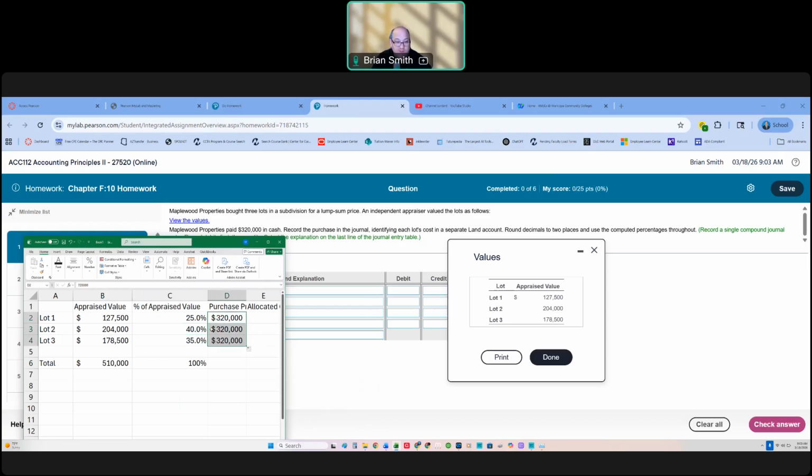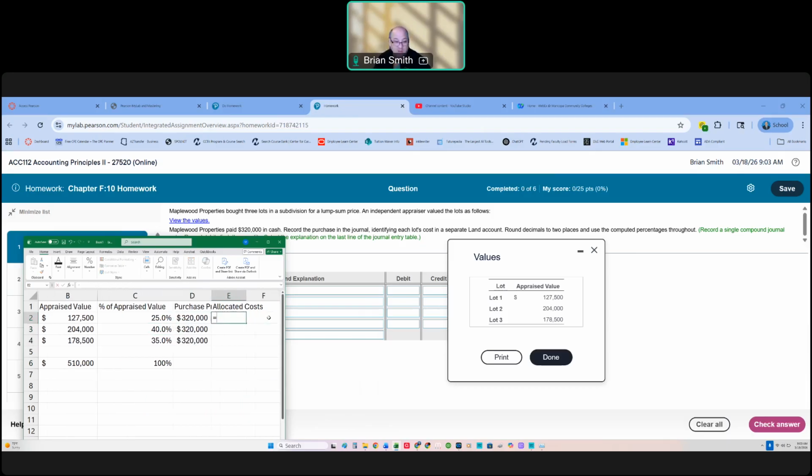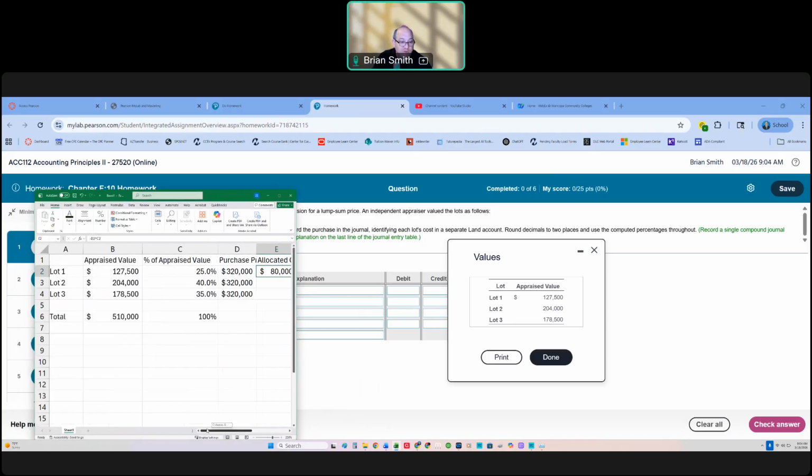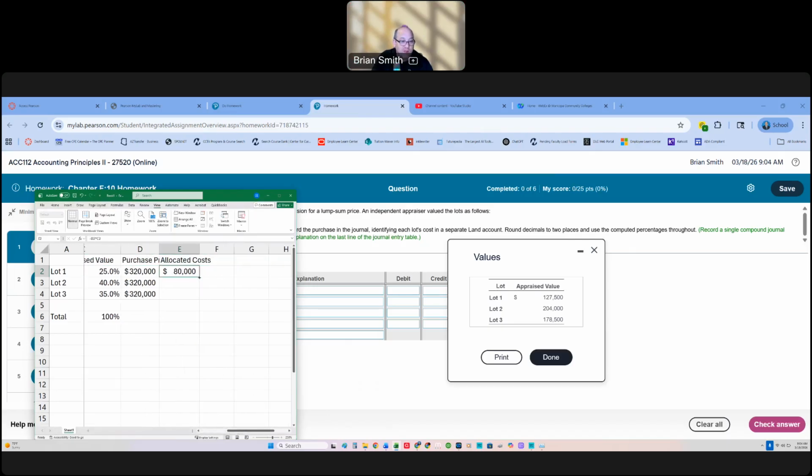Now what we're going to do is take these percentages and allocate the purchase price to each lot. So lot 1 needs 25% of the purchase price. Let's go ahead and format these so that they look cleaner. 25% of the purchase price is going to be 80,000.